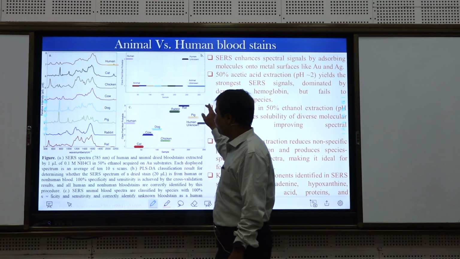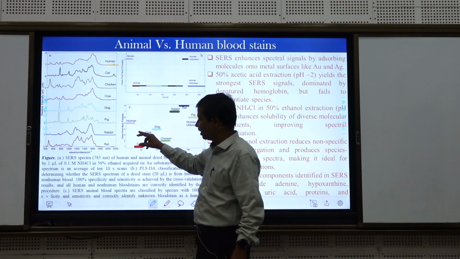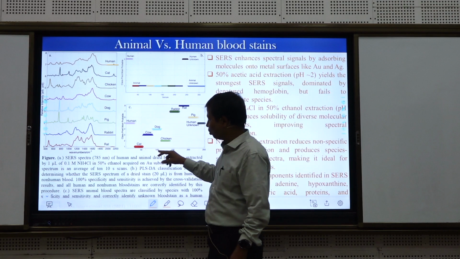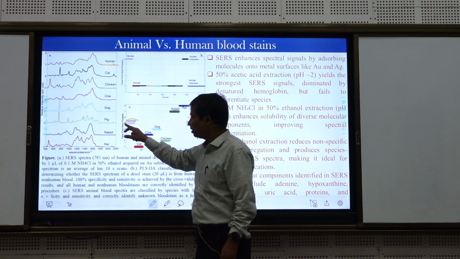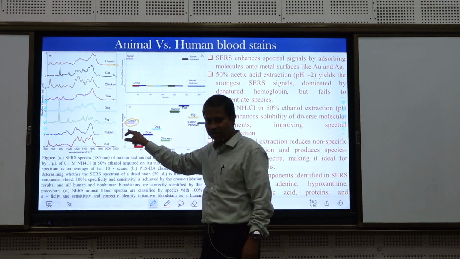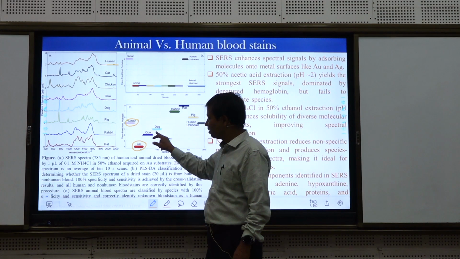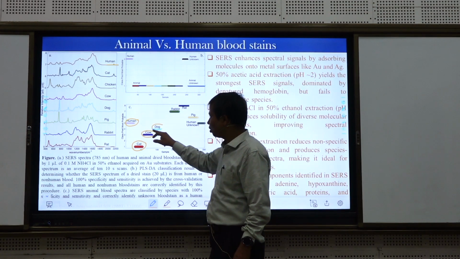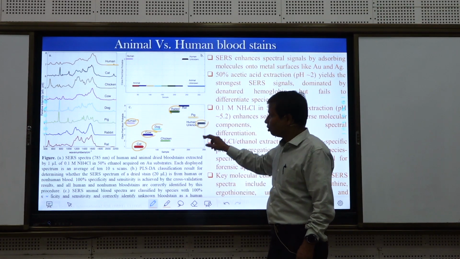The important thing is that they have made this table in which groups are created, and this group shows, based on this Raman spectroscopic data, that human blood should be clubbed in this region, cat blood in this region, cow, dog, rabbit, rat and many others, and unknown.